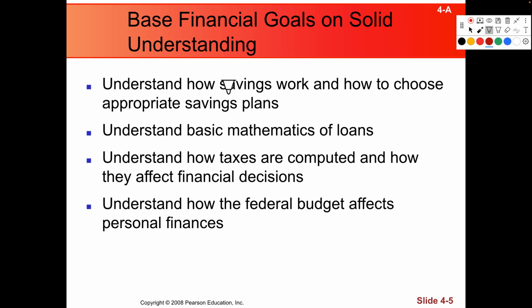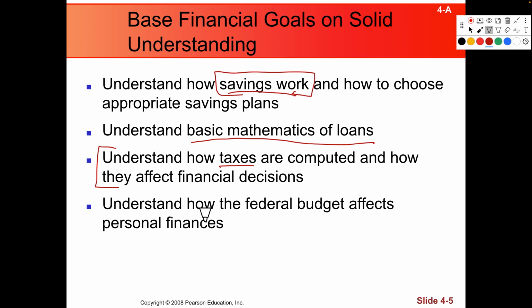So we need to understand how savings work. We're going to look at the basic mathematics of loans a little bit later, but we're going to focus this time on the math of savings so we can see what's involved. It's also good, we won't talk about it in this class, to understand how taxes are involved in your decisions.